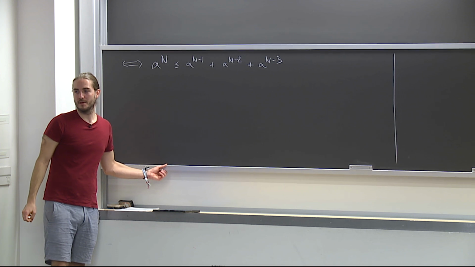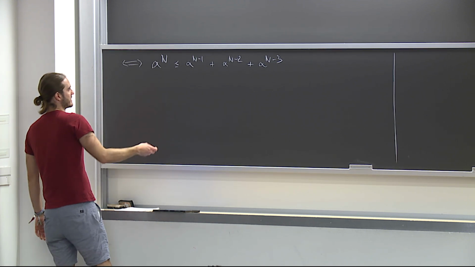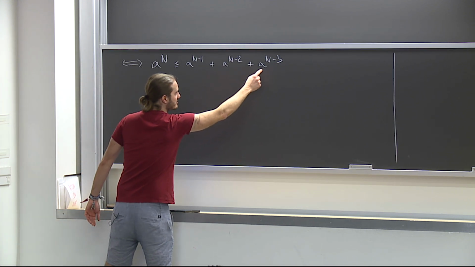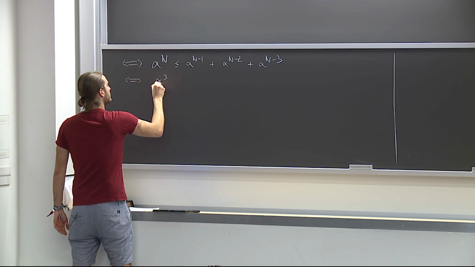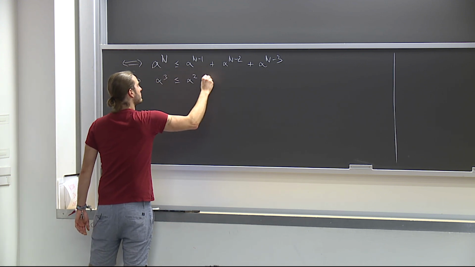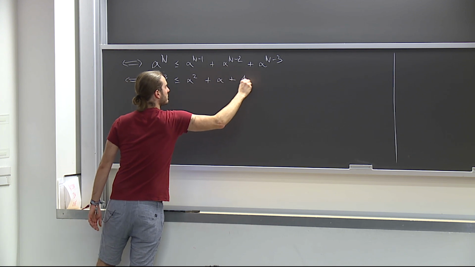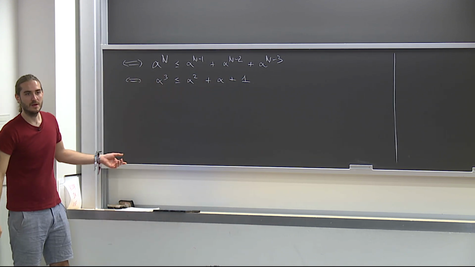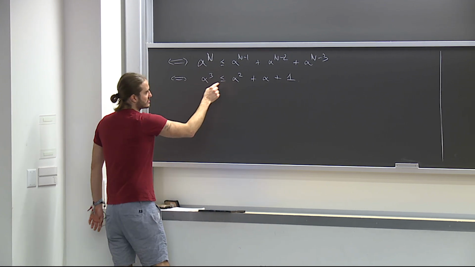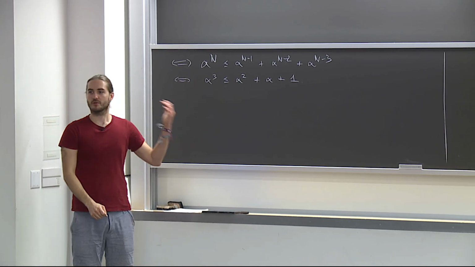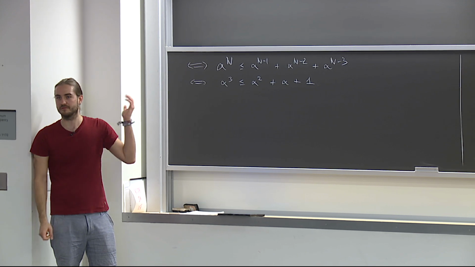If I take out alpha to the n-3 on both sides, it becomes that alpha cubed is at most alpha squared plus alpha plus 1. Maybe you should take the alpha which achieves equality here. So then this just becomes a polynomial equation which you can solve.